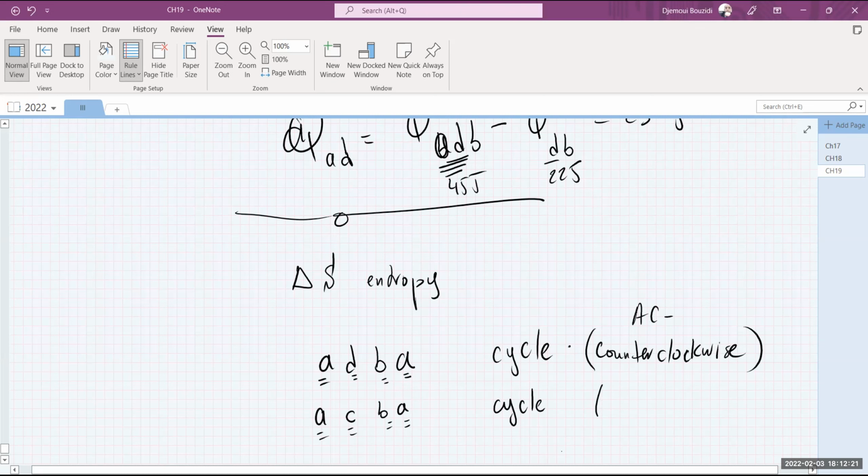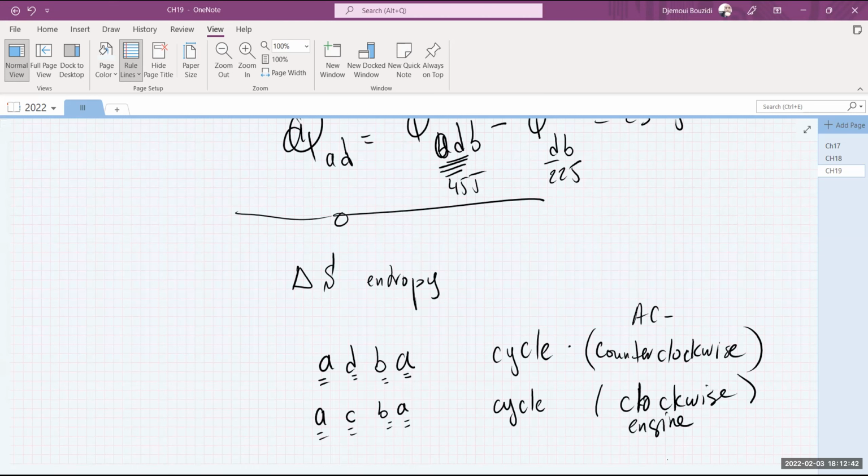If I look at the other path though, A, C, B, A, this is actually clockwise. This is like an engine, okay?